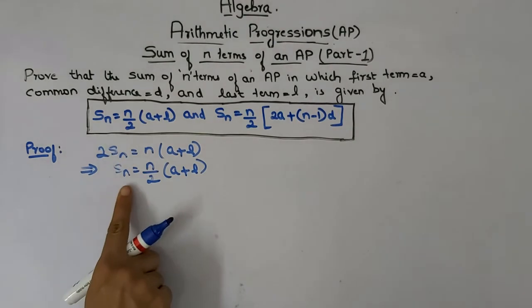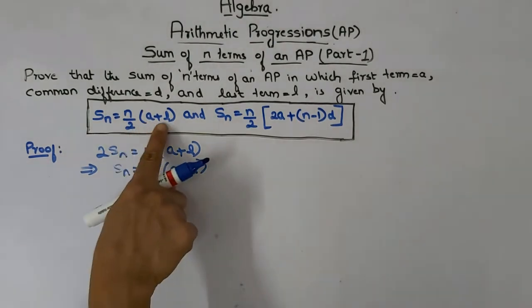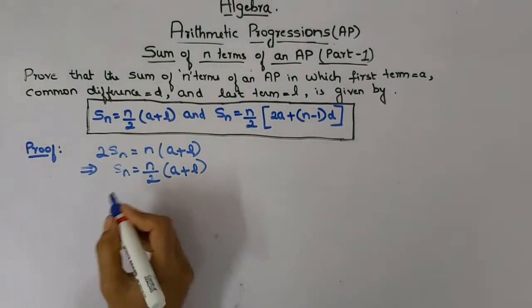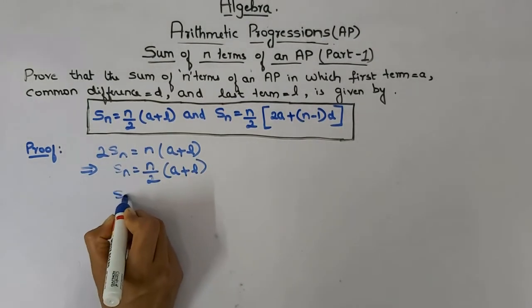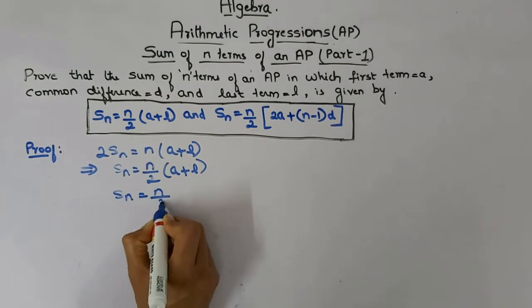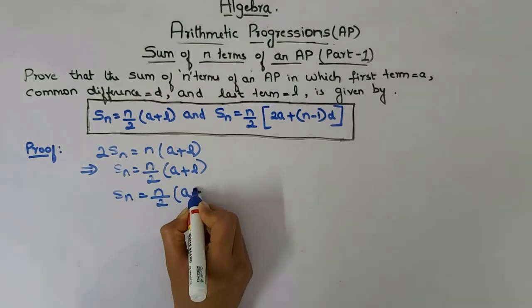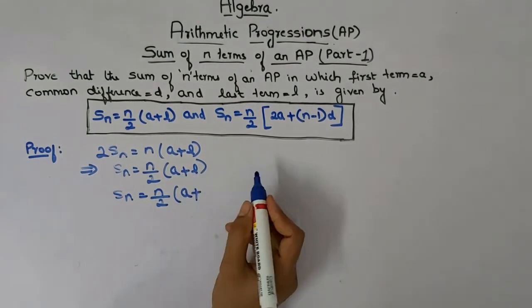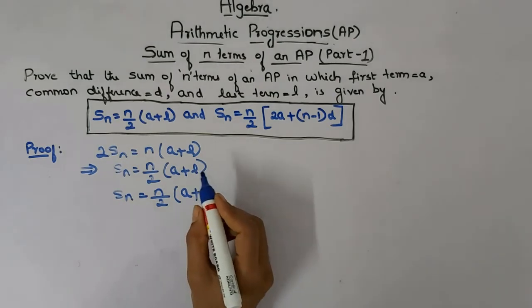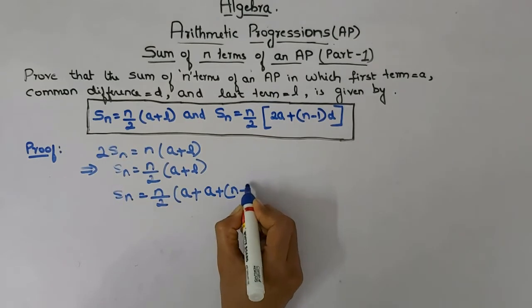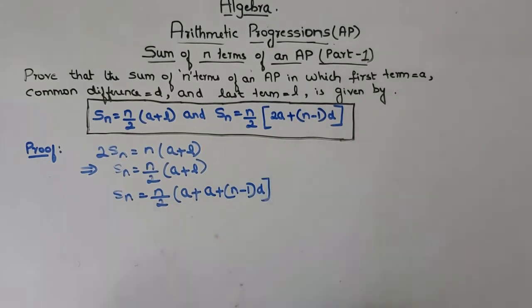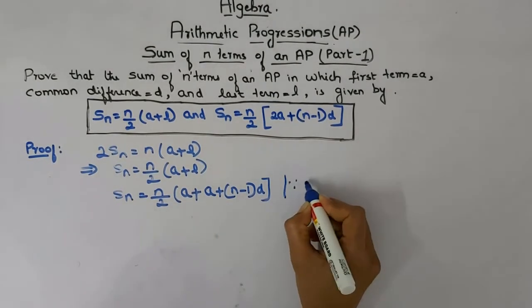So we already got Sn is equal to n by 2 into (a plus l). And further we can write this l as follows: Sn is equal to n by 2 into (a plus l), where l is your nth term. The nth term Tn is given by a plus (n minus 1) into d, which we have seen in equation 1.